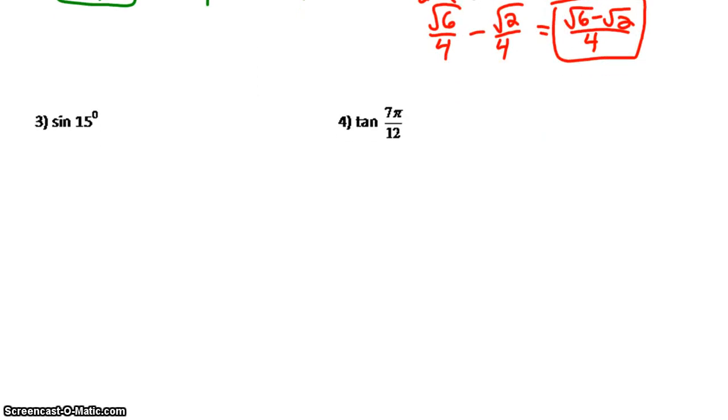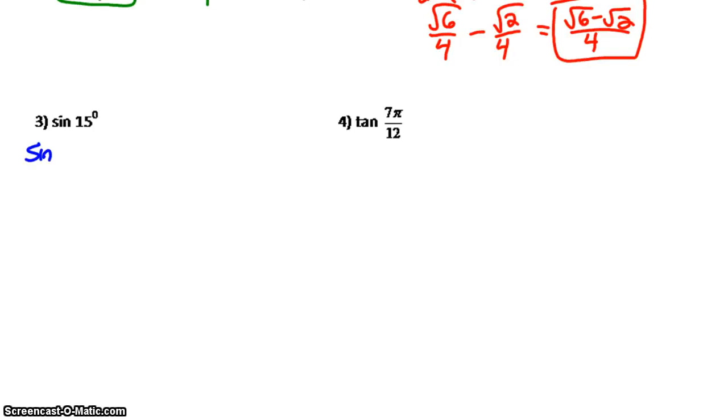If we take a look at this next problem, we will get that same answer. It just happens that's the ones I printed out. But if we look at this, remember, we have to use either our 30, our 45, and our 60 to get this one to work out. I have two choices.